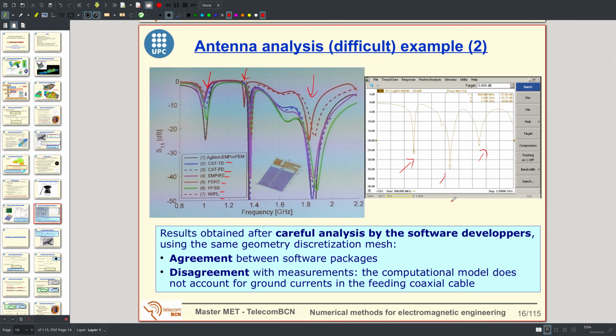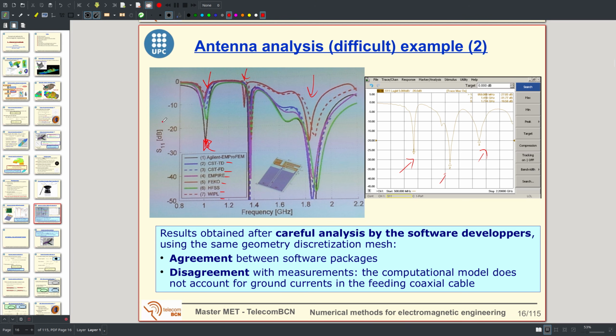Of course, if you compare the two curves very accurately, you will see that the resonant frequencies are not exactly the same. Remember, with antennas, when the antenna is resonant, with real input impedance and no imaginary part, you get the minimum reflection coefficient because you get the best match with the feeding transmission line.